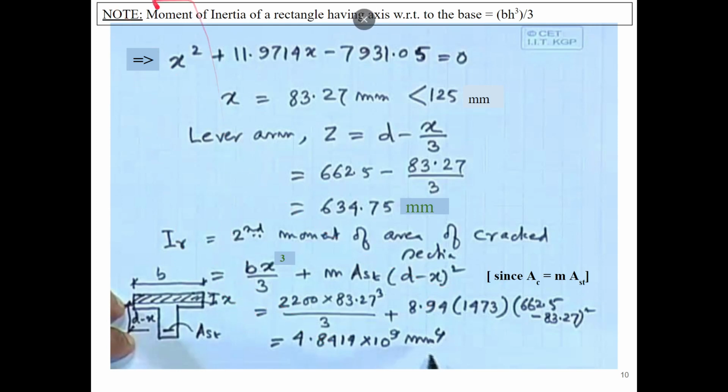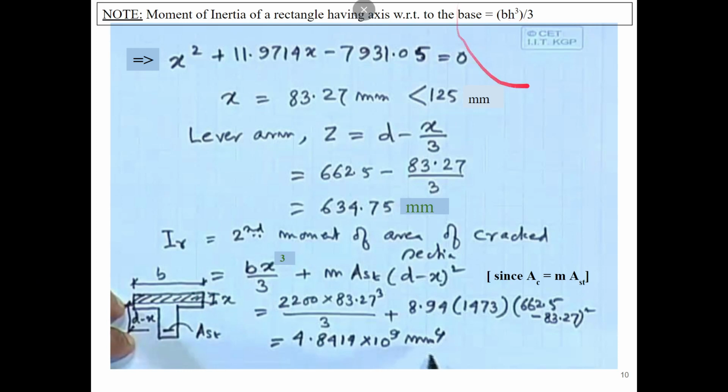This formula comes from the first part, that is the moment of inertia of the concrete part, which is b h cube by 3 with respect to the base, because we calculate from the neutral axis. Otherwise, if it were from the middle of the section, it would have been b h cube by 12.